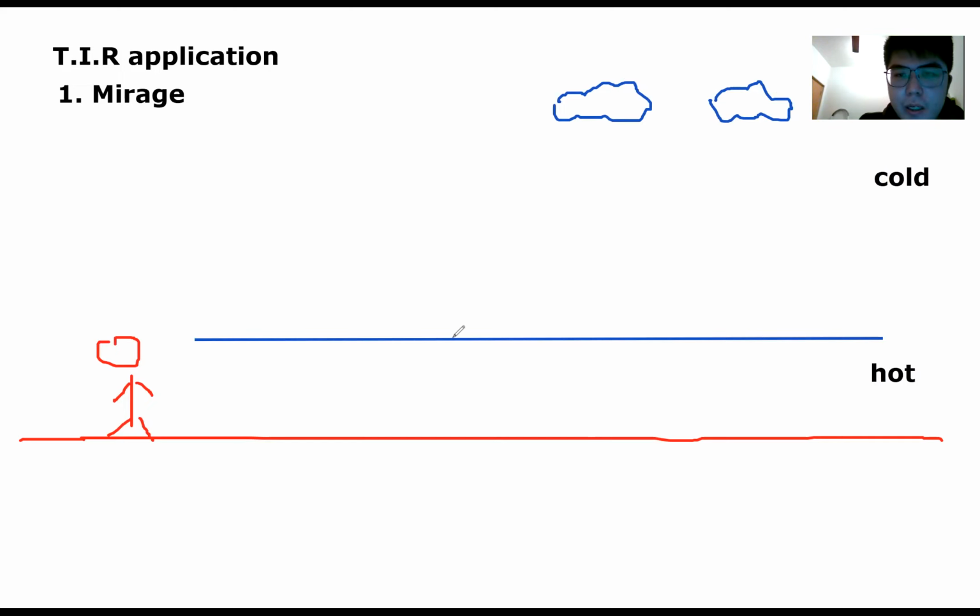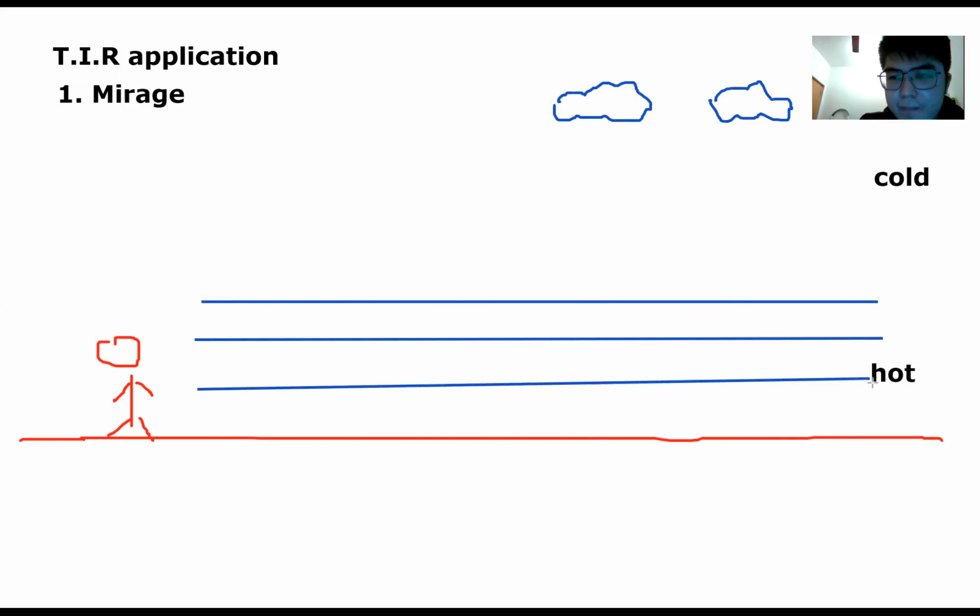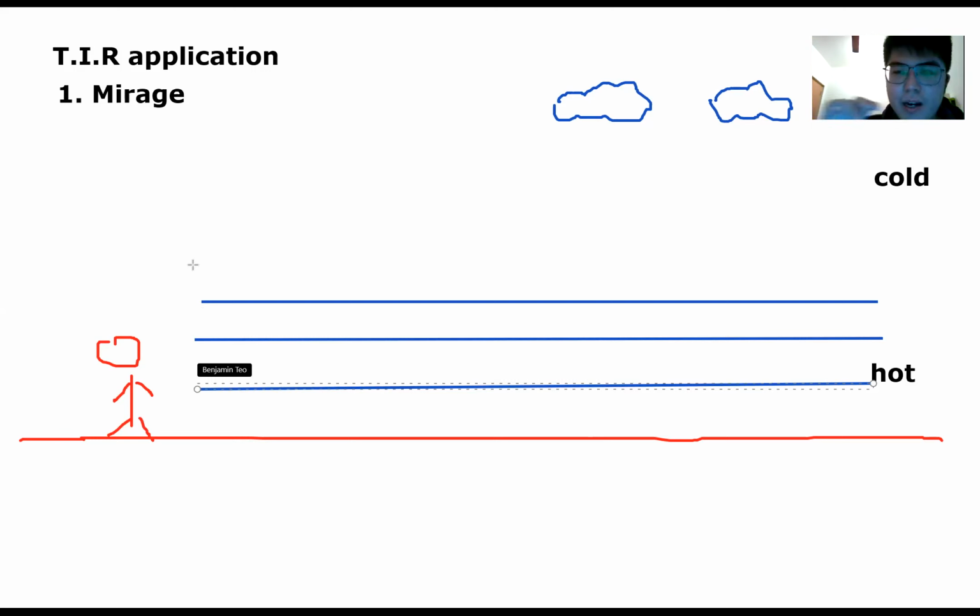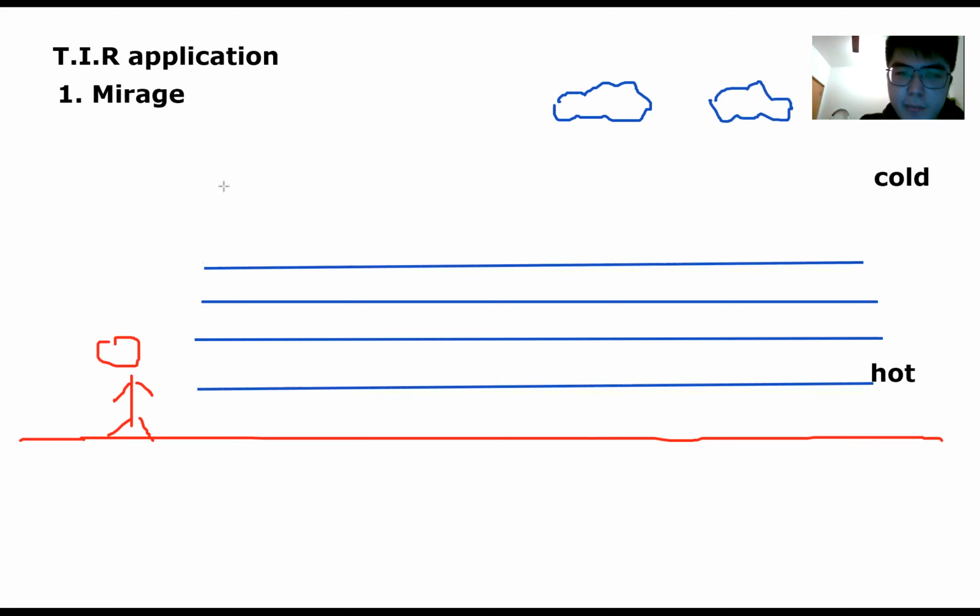Actually in reality, there are many layers of this. The layer closest to the ground is very hot, warmer than the layer above it. So you have many layers, many different temperatures.